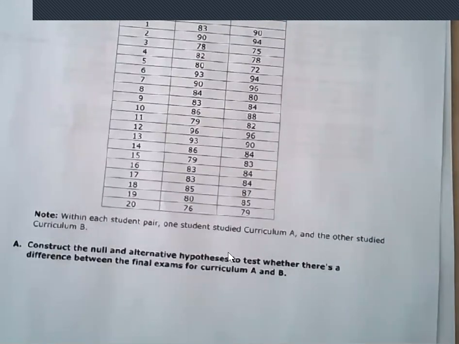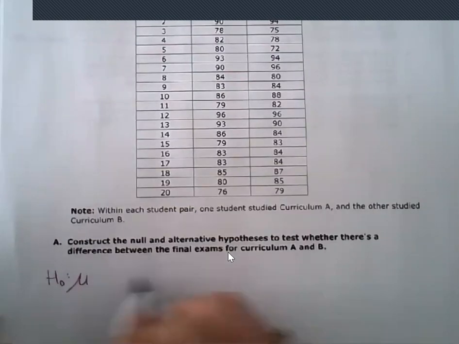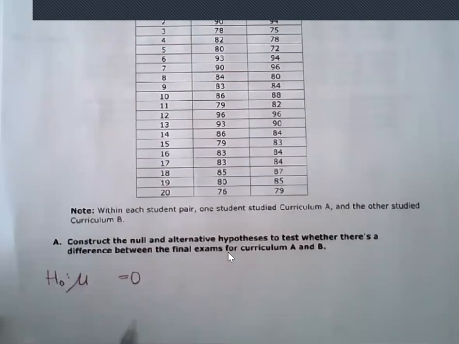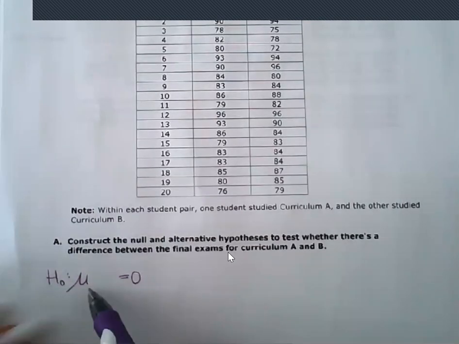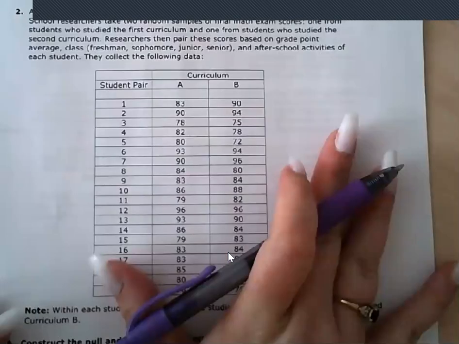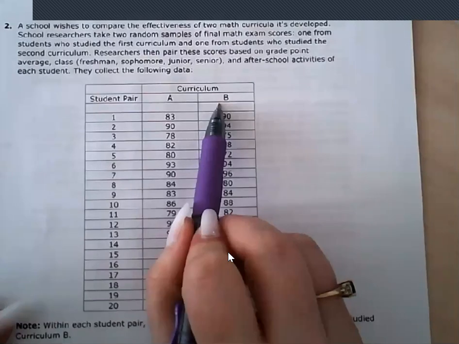Okay, so my null hypothesis for a matched pairs is always the same. It's always that the mean difference is equal to 0, meaning there is no difference. In this case, I need to have some subscript here to indicate what this is the mean of. And since they already have a capital A and a capital B here, I'm going to go ahead and leave them like that.